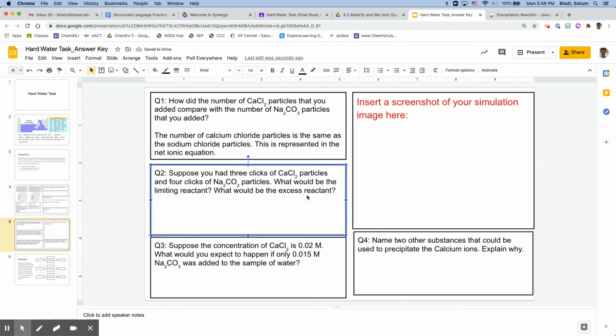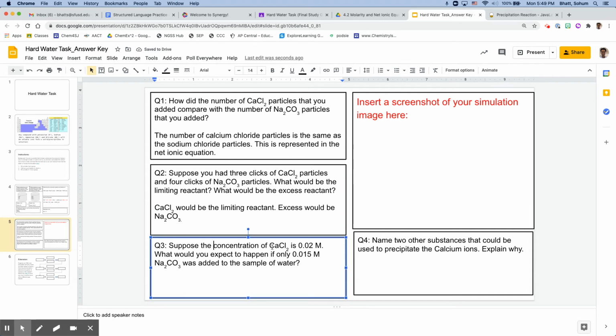All right, and so over here, suppose you had 3 clicks of CaCl2 particles and 4 clicks of Na2CO3. What would be the limiting? What would be the excess? Well, CaCl2 would be the limiting reactant, and the excess would be Na2CO3. And so your particle diagram would have extra Na and extra CO3 floating around, because those are extra clicks.